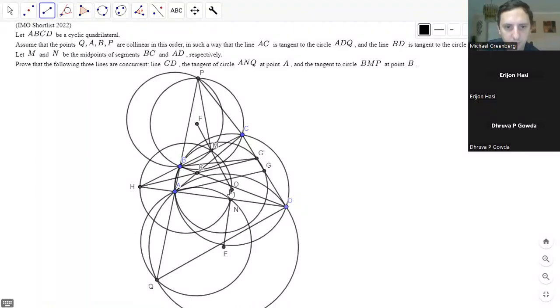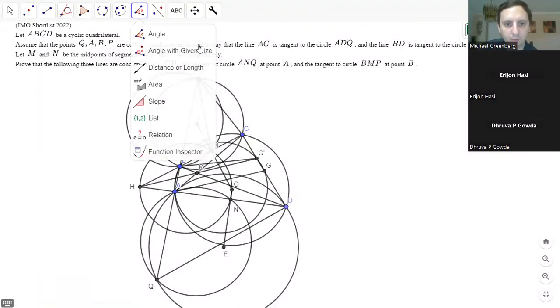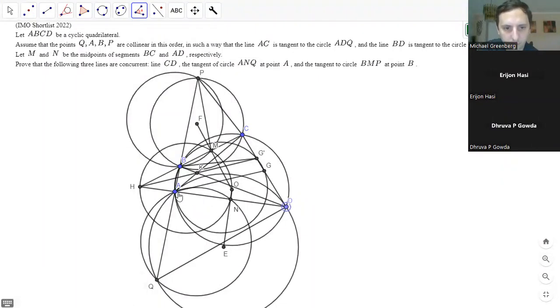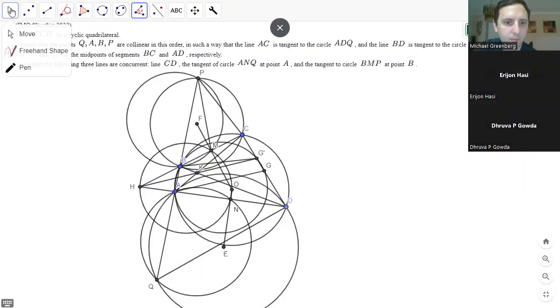It almost looks like these are parallel. So first, let me check that that's true. DAG and G prime BC. Yes. So we want to show those are equal. Is AG parallel to HG prime?